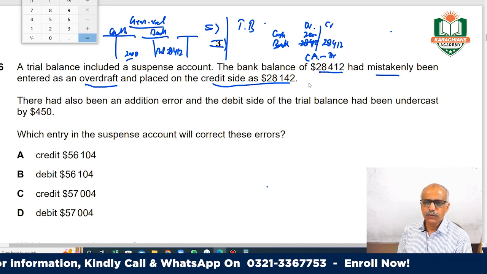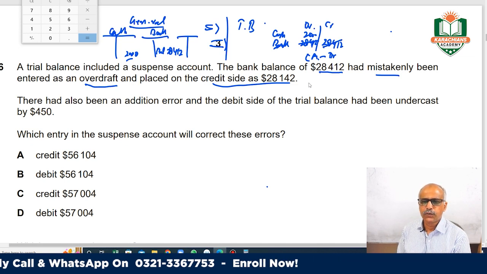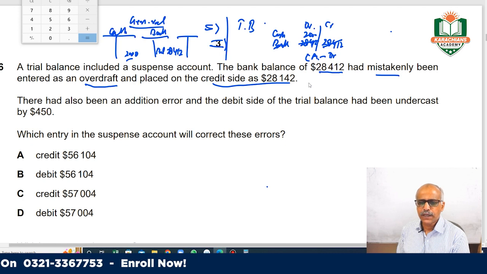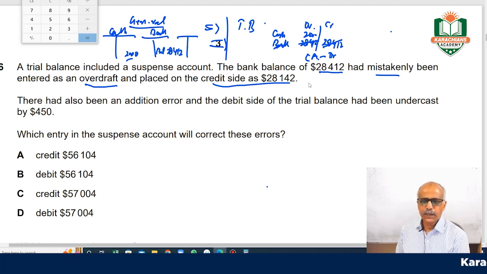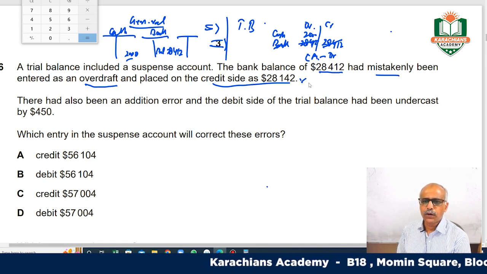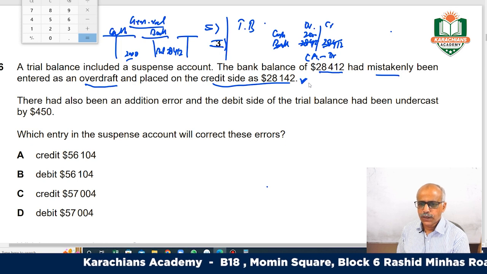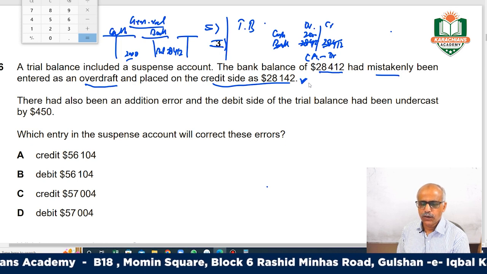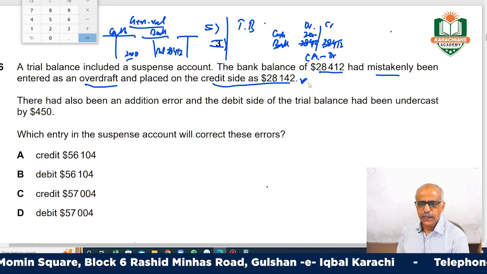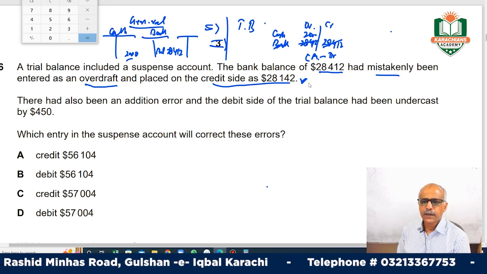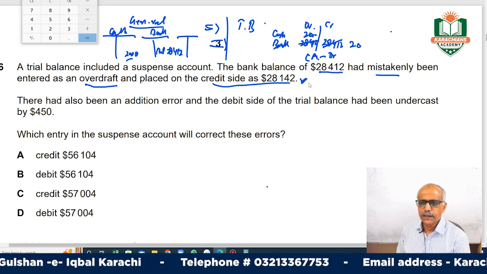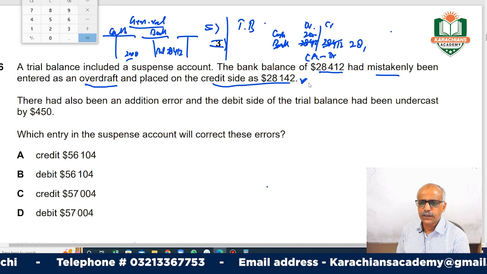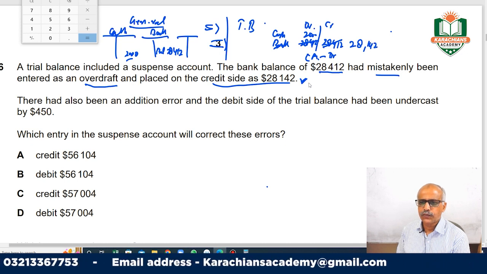Another problem is that you put the credit with the wrong amount. This was your debit, you wrongly put it on the credit side, and in putting it, again a transposition error, you posted it as 28,142.